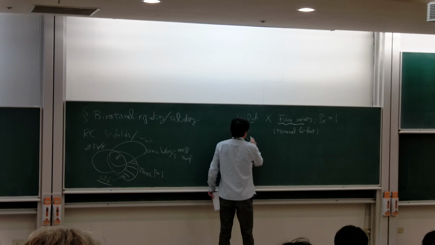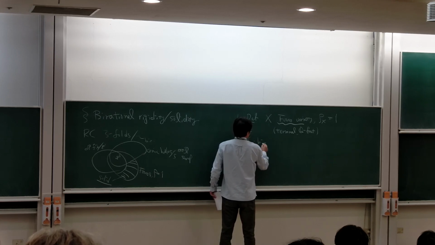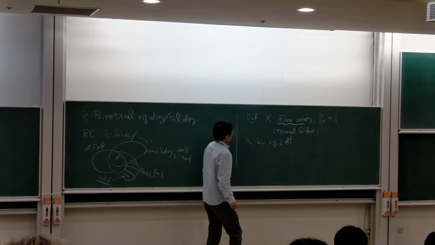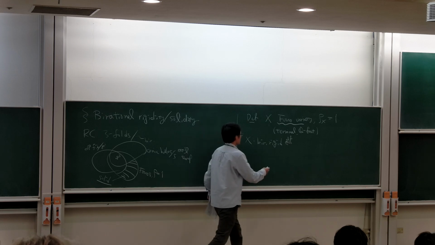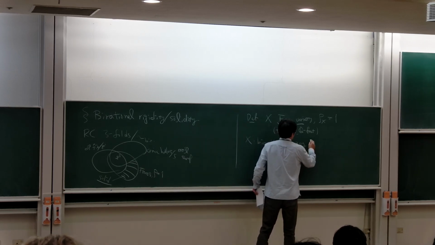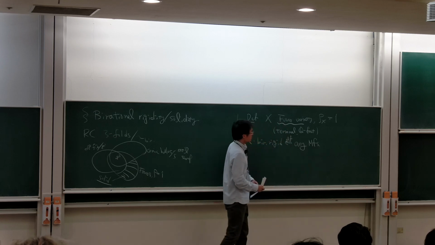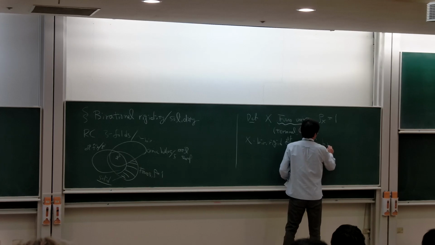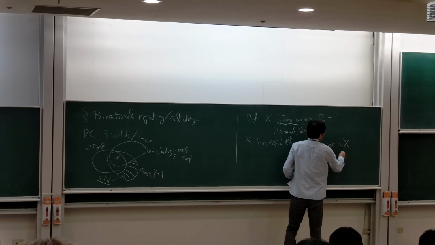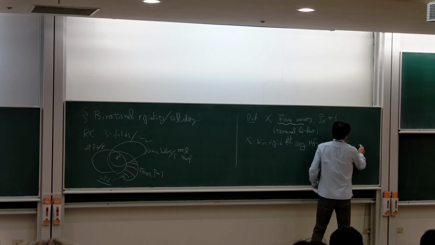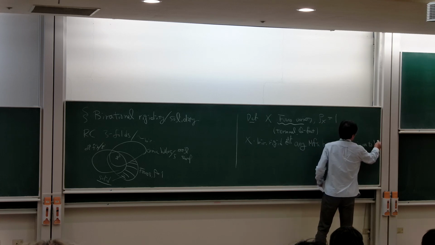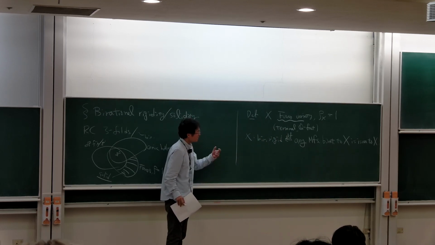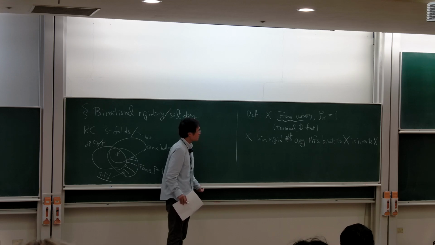So I say X is birationally rigid if any Mori fibre space in the terminal and Q-factorial categories which is birational to X is actually isomorphic to X. So this is a uniqueness of the Mori fibre space in the birational equivalence class.